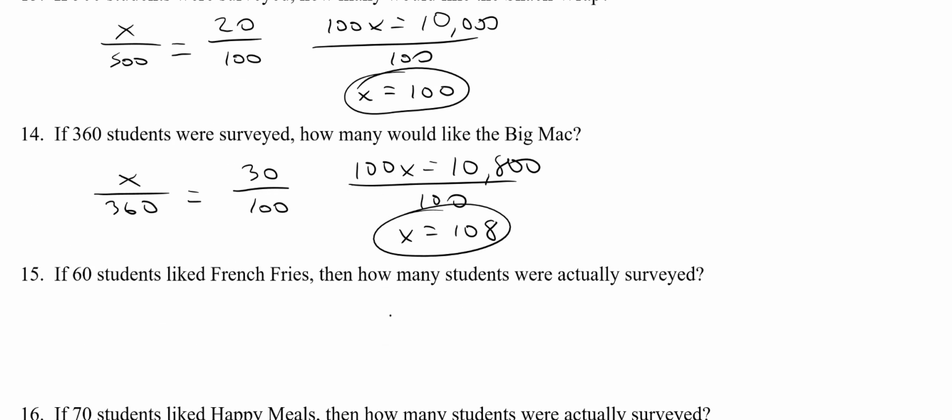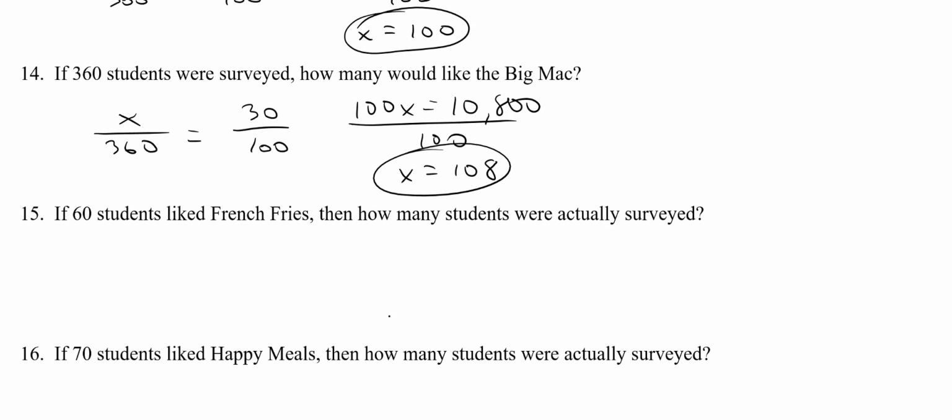Okay. Now notice this is a little bit different. Number 15 and 16. First of all, it says if 60 students like French fries. So French fries is 35%. So 35 over 100. And it says how many students were surveyed. So I'm telling you 60 like fries. So that's on top. And remember that bottom number is how many total you asked.